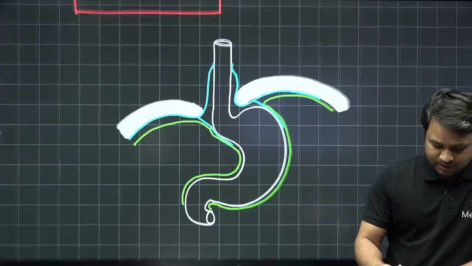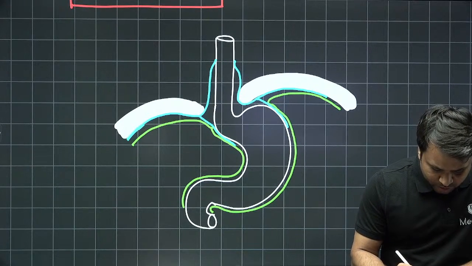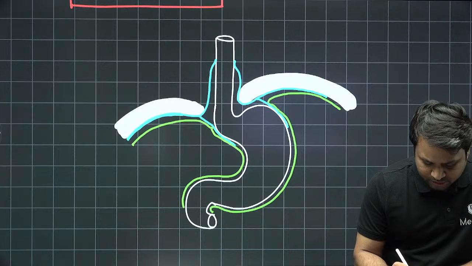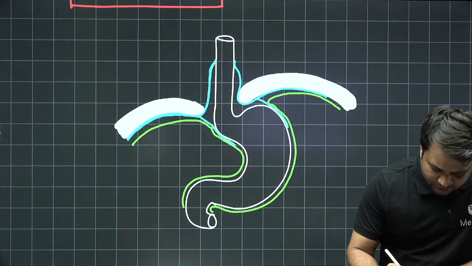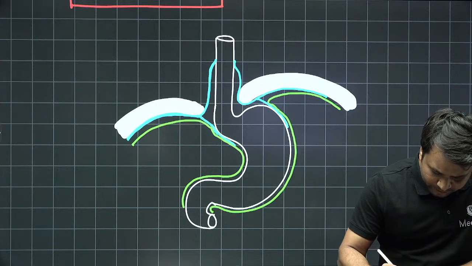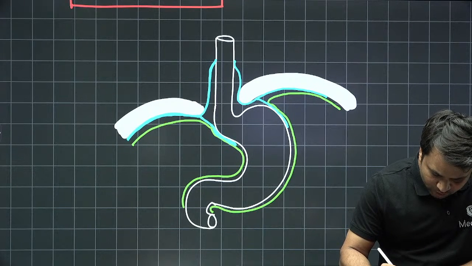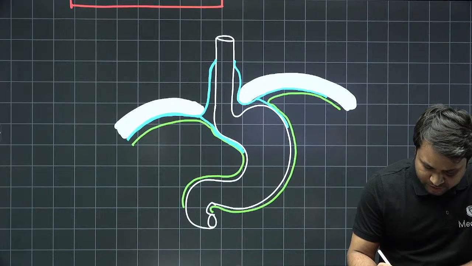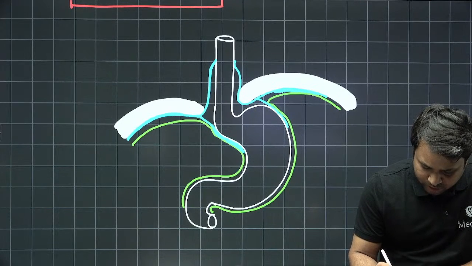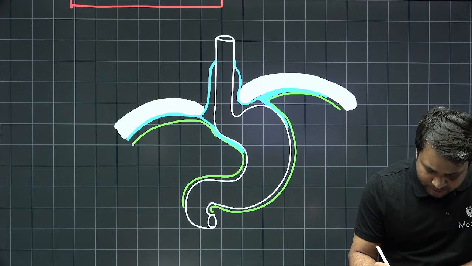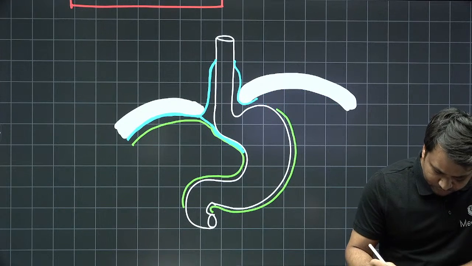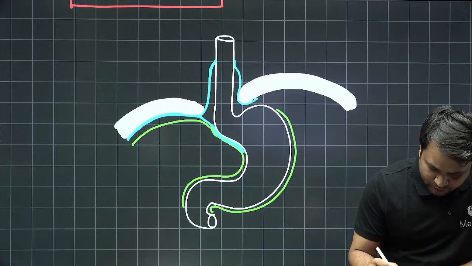You see this structure arises from and attaches to the undersurface of the diaphragm, comes and attaches to the esophagus, goes down and combines with the peritoneal surface of the stomach, and then continues as well, right?